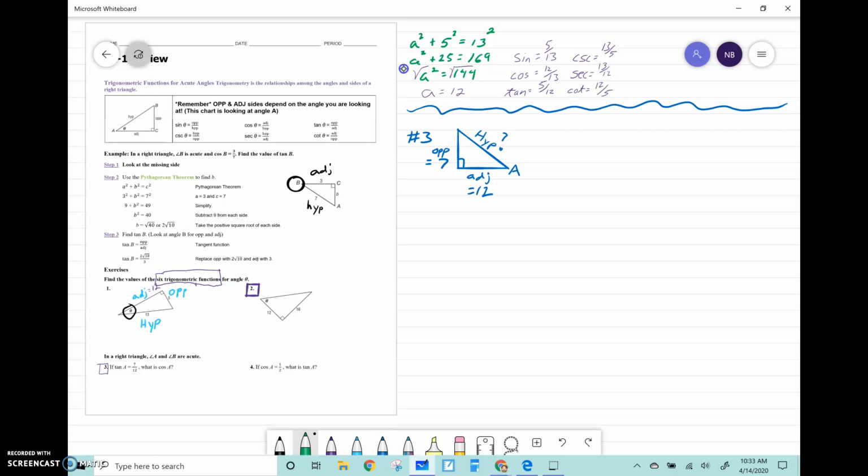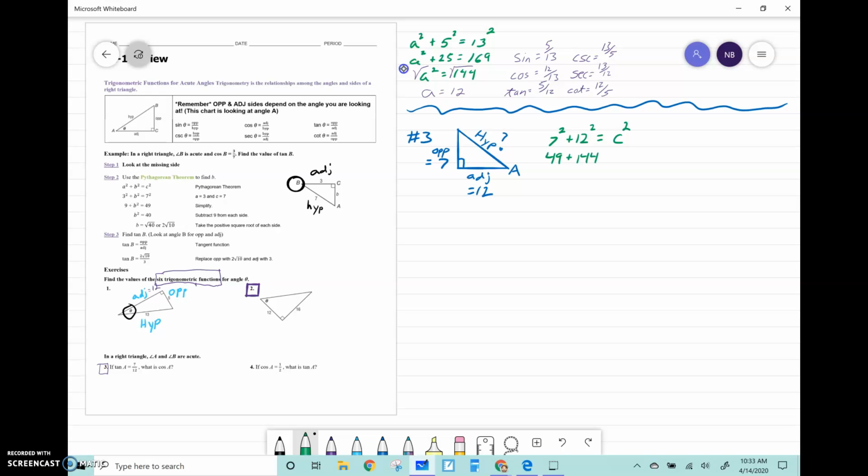So we're going to use the Pythagorean theorem again to figure out what the hypotenuse is. All right, so we're going to say 7 squared plus 12 squared equals c squared. Remember, c is always the hypotenuse leg. All right, so we'll go ahead and square these.